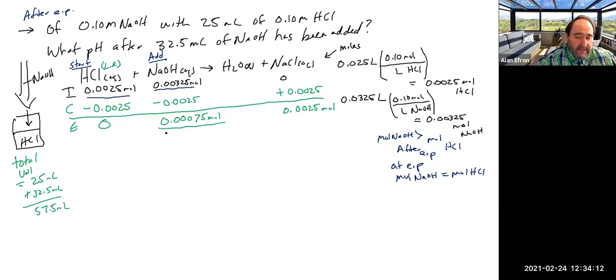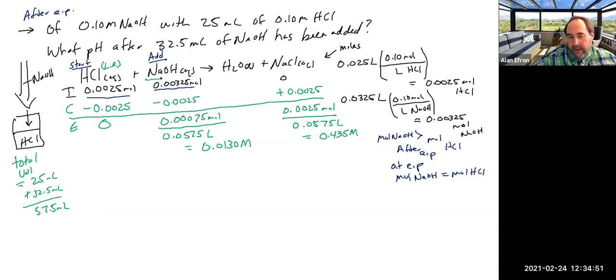We would then divide these numbers by 0.0575 liters, as it needs to be converted to liters to make sure we end up with molarity. If we do that, 0.00075 divided by 0.0575 is going to give us a molarity of 0.0130, and a molarity of 0.0435 for this one.